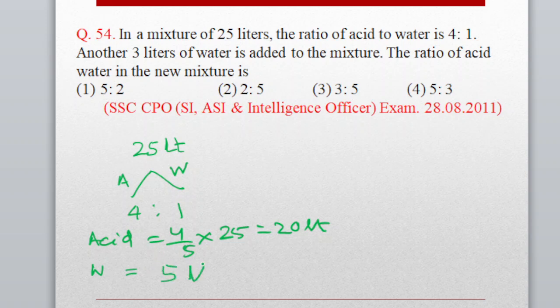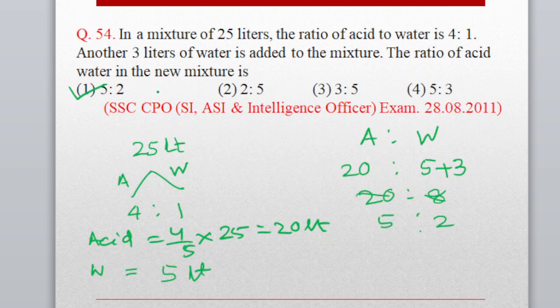That means water is 5 liters. Now we have to find out the new ratio of acid and water. Here the acid quantity is 20 liters and water is 5 plus 3, because we are adding 3 more liters of water. So it is 20:8, and 4 5s are 20, 4 2s are 8. That means it is 5:2. That means option 1 is the right answer.